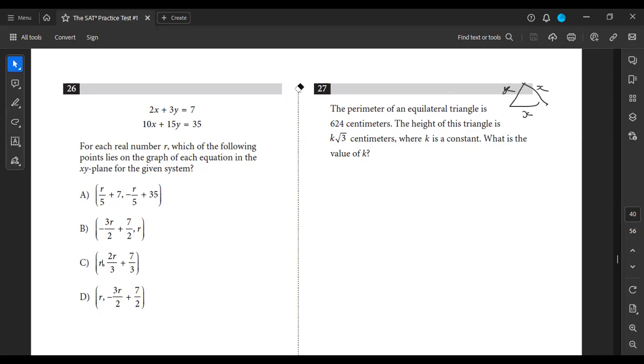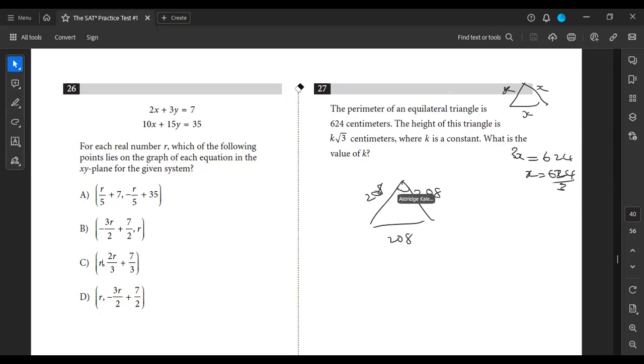If I add all the sides, which means if 3x is equal to 624, what's the value of one side? We just do 624 divided by 3, which is 208. So we have 208 here, 208 there, 208 there.